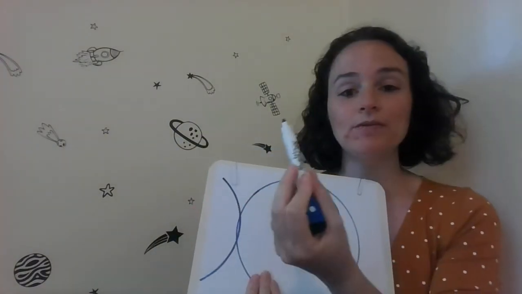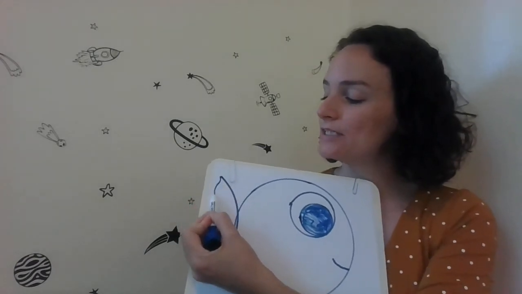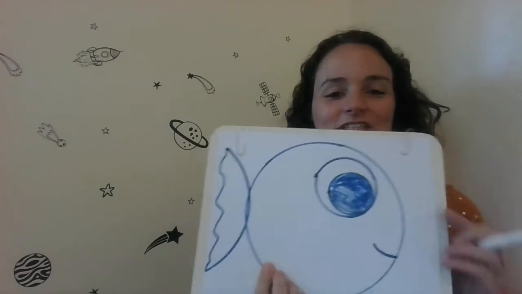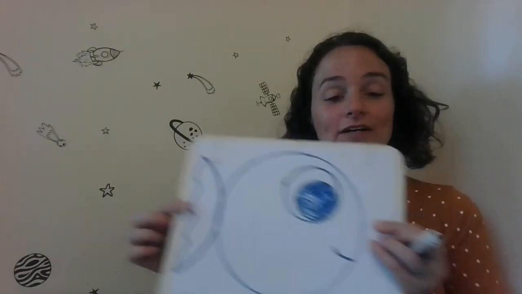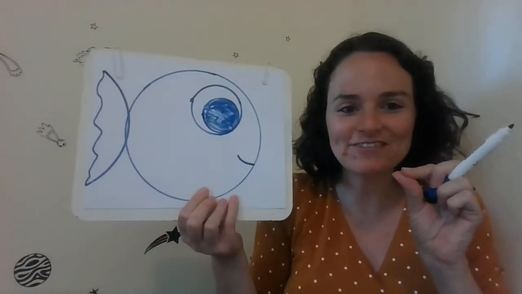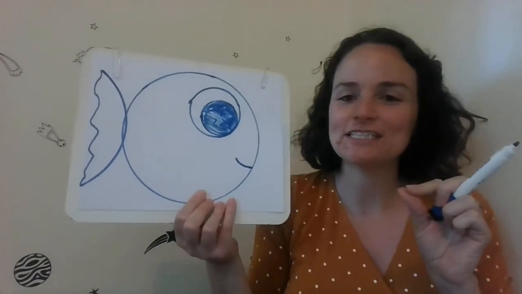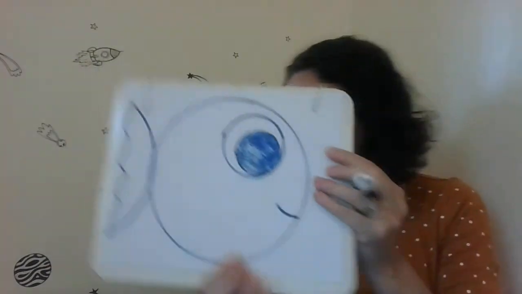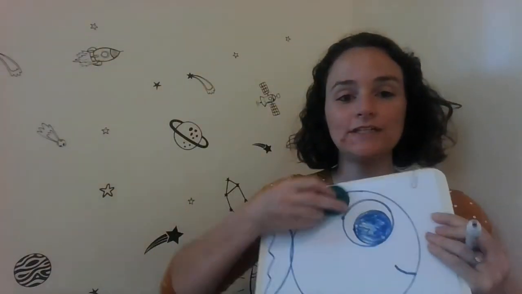And then I can use my marker or my pencil and make a squiggly line. Now my fish has a tail, so he can move around. He can find little tiny fish to eat, and he can find some plants to eat, and he can swim fast away from those predators. I'm also going to give him some little fins that go on his top.